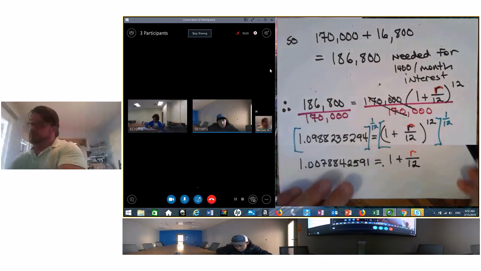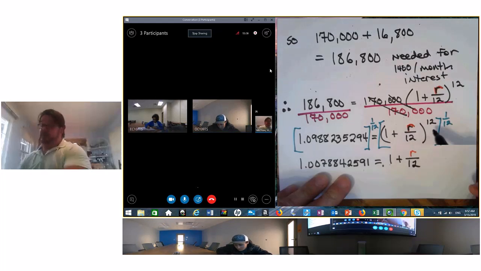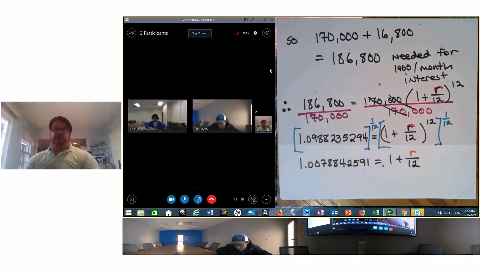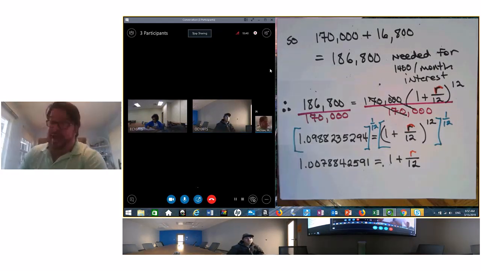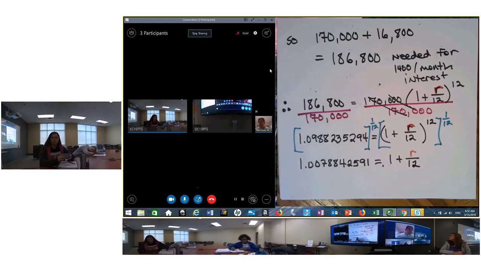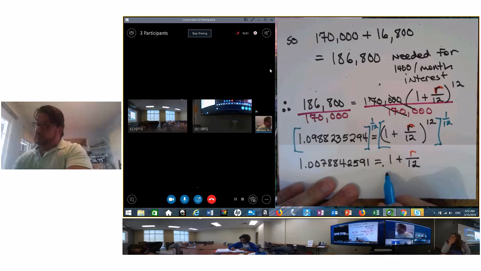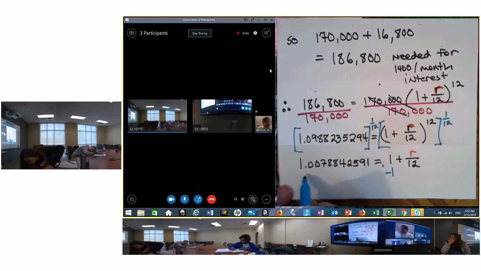And what happens, what's 1/12 times 12 over 1? That's to the first power, so basically the brackets fall off because anything to the first power is that one thing. Now how do you get rid of adding 1? Subtract 1. Take my blue marker, and I'm going to subtract 1. And subtract 1.